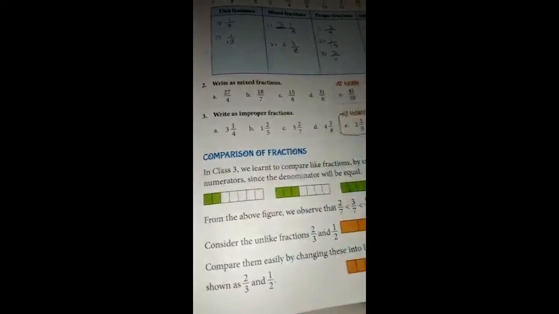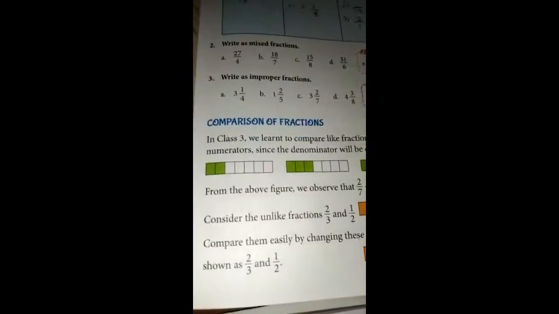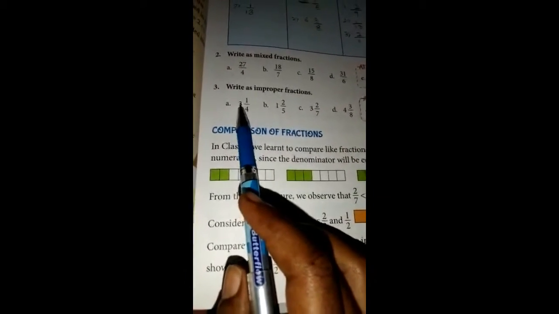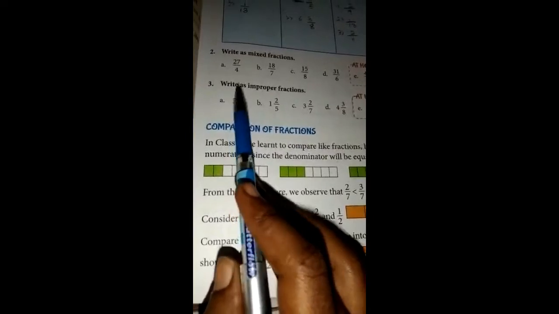Let us solve the second exercise. We solved the second exercise. Next, the third exercise is write as improper fraction. First, A is 3 1 divided by 4. So students, I write it down here.